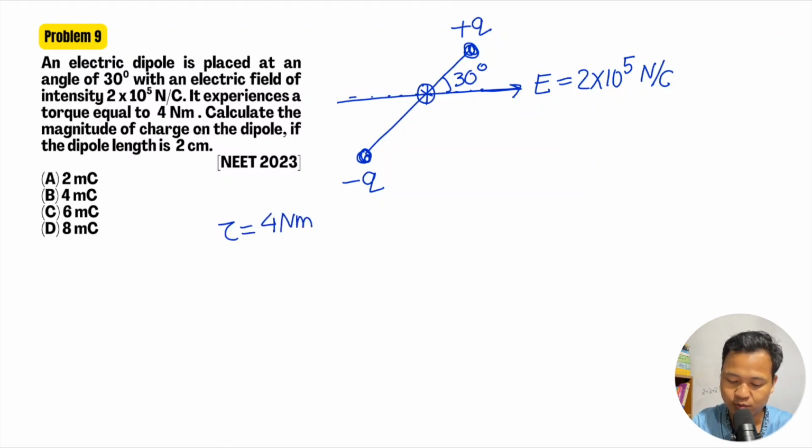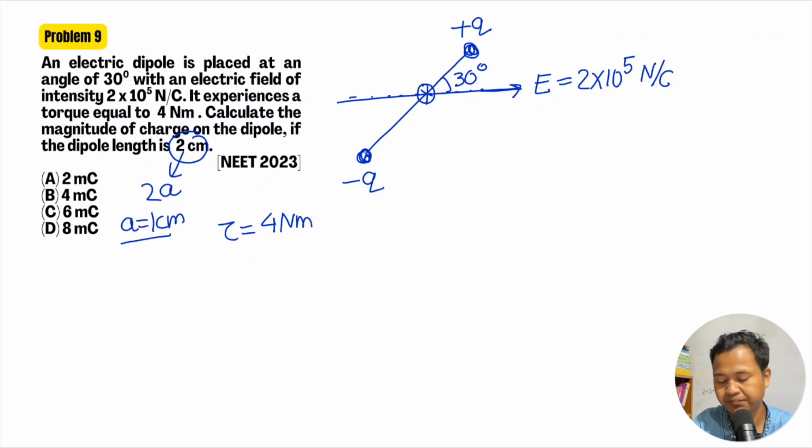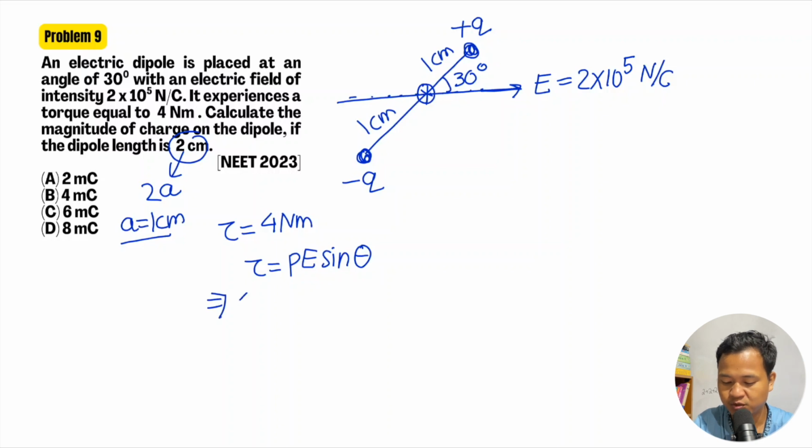They also give you the dipole length. This is the value of 2a, which is 1 centimeter on each side. The torque formula is torque equals P into E into sine theta, P cross E. Put the values here: 4 equals P, the dipole moment, which is Q into 2A.